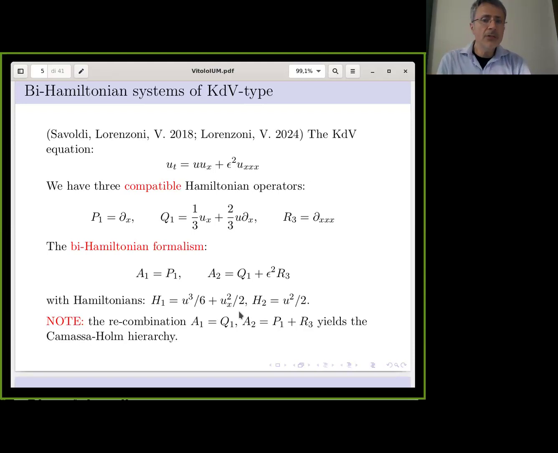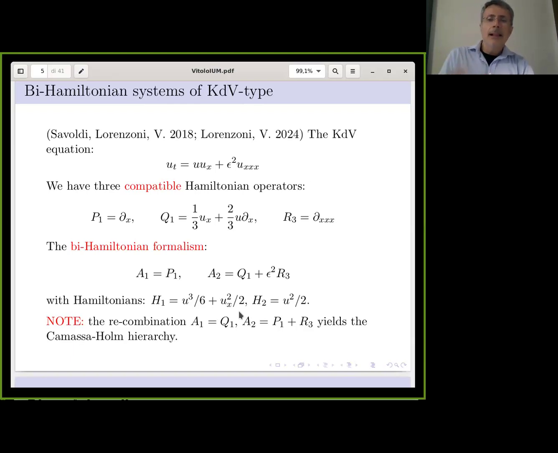And this A2 is just the Magri Hamiltonian operator. And then you can move R3 to P1, you can sum it to P1. And in this way, one can obtain the pencil that defines the Camassa-Holm hierarchy.